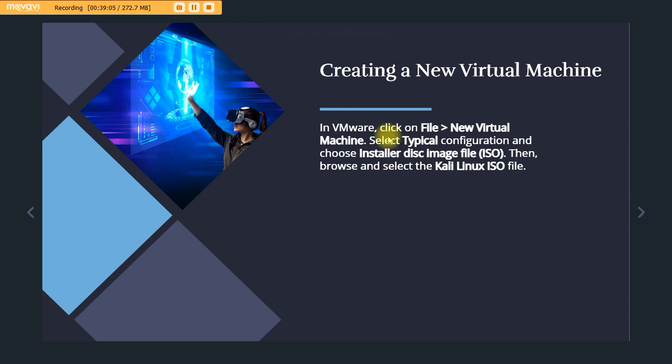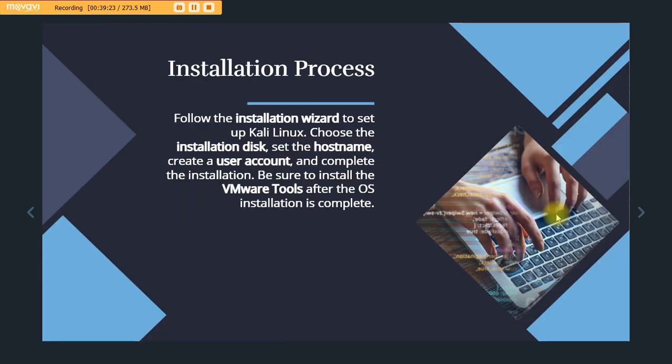In VMware, click on File, New Virtual Machine, which is what we did. Select typical configuration and choose install from disc image file, that is ISO, then browse and select the Kali Linux ISO file. You remember we did all those. For the installation process, follow the installation wizard to set up Kali Linux, which is what we've been doing. Now choose the installation disk, set the host name, create a user account, and complete the installation, which is what we are doing. Be sure to install the VMware tools after the OS installation is complete.